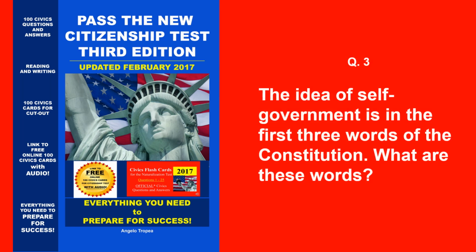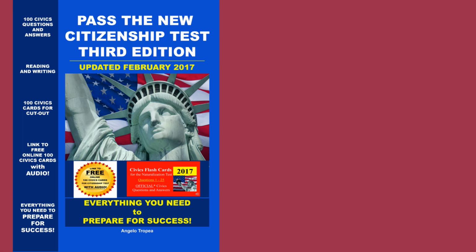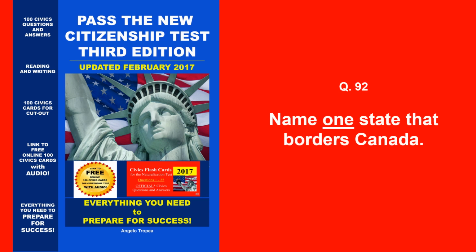The idea of self-government is in the first three words of the Constitution. What are these words? We, the people. Name one state that borders Canada.